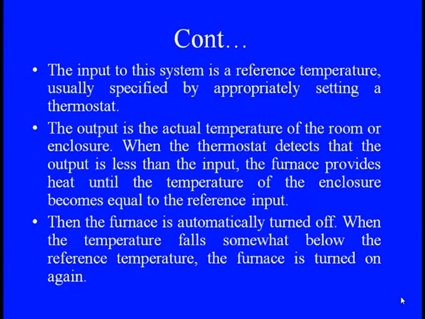Then the furnace is automatically turned off because we have reached that point, and when the temperature falls somewhat below the reference temperature, the furnace is turned on. So, this is the automatic feature, as we are talking about automatic control.